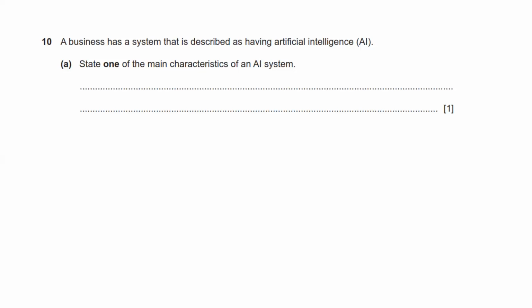So moving ahead, question number 10, it says a business has a system that is described as having artificial intelligence. State one of the main characteristics of an AI system.